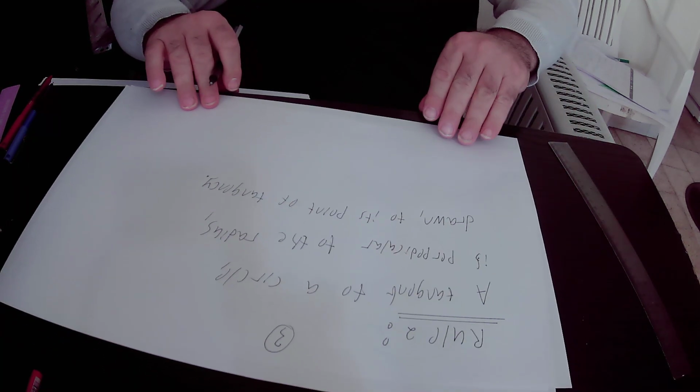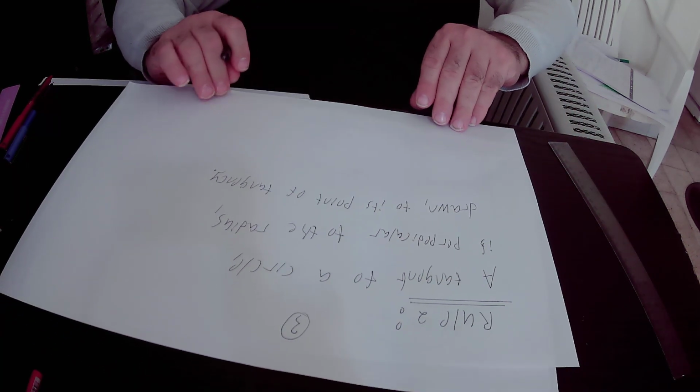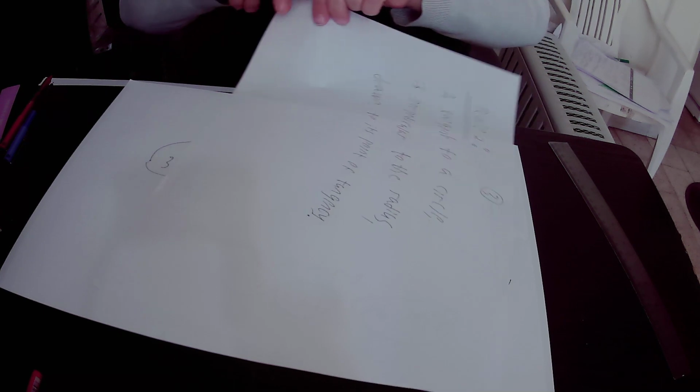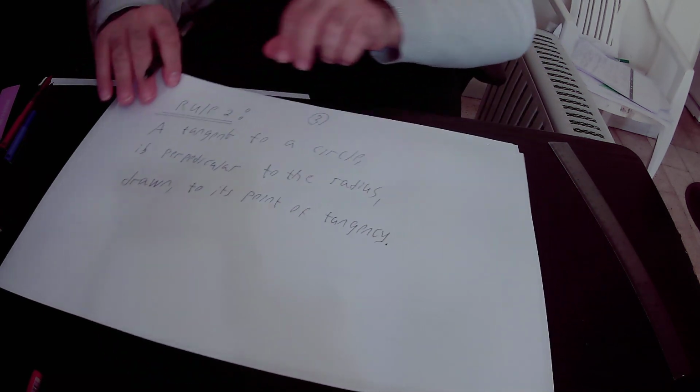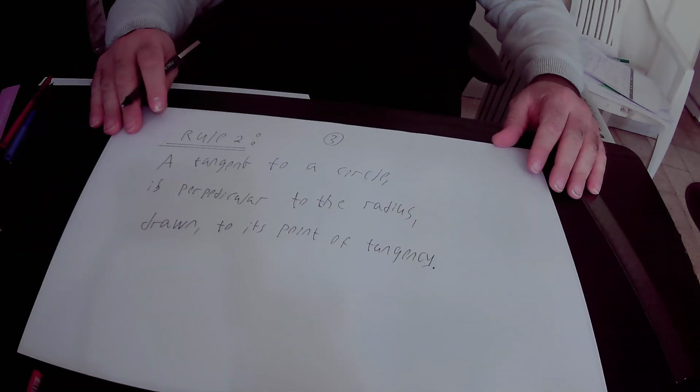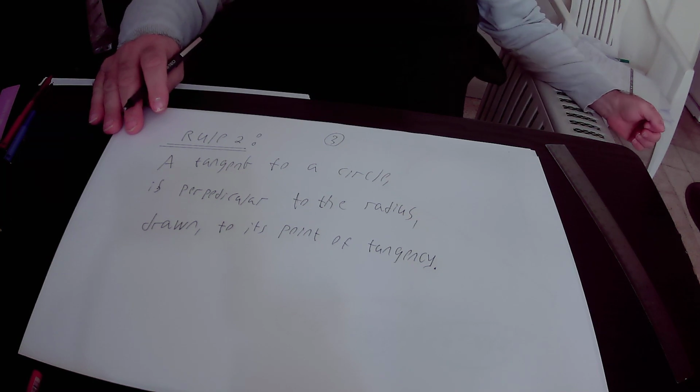So I will read rule number 2 again. Rule number 2 states that a tangent to a circle is perpendicular to the radius drawn to its point of tangency.